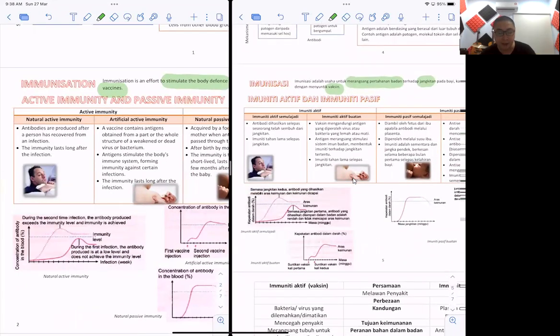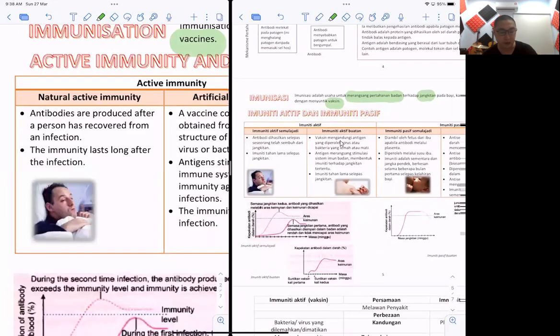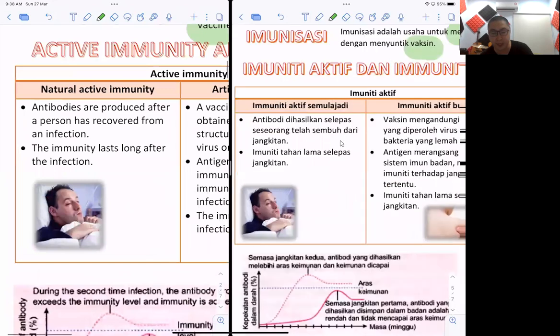Now under active immunity, you can see these two brackets: one is natural active immunity, another one is artificial. Or in BM, semula jadi, natural, and then buatan, so that is artificial. All right, so let's look at the first one. Zoom it out here. Immunity active.